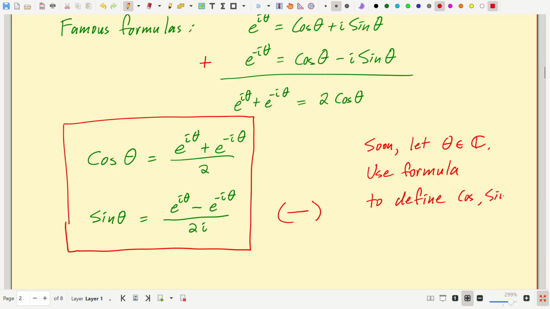They're not angles anymore in the complex plane. It's going to be natural and inevitable.